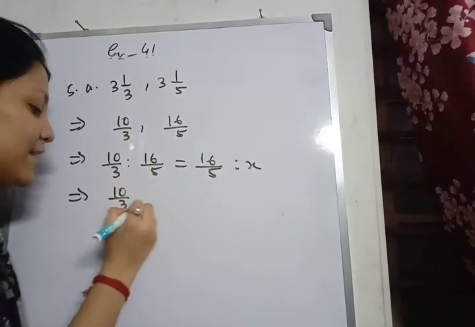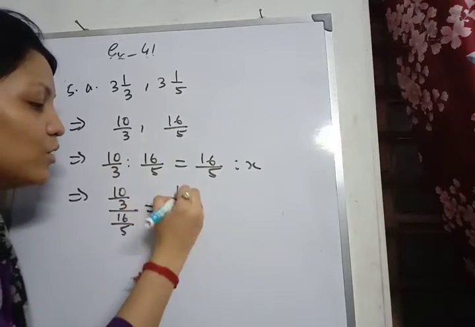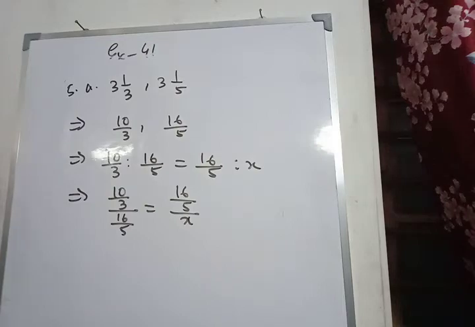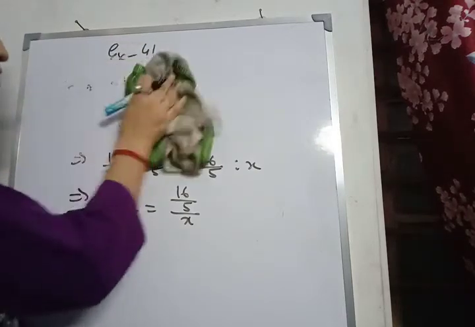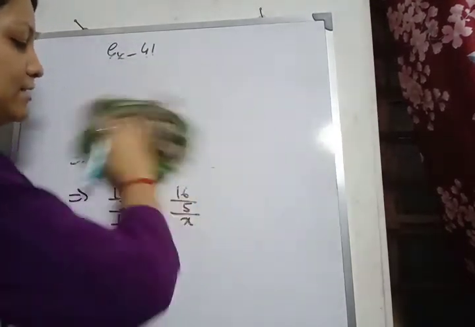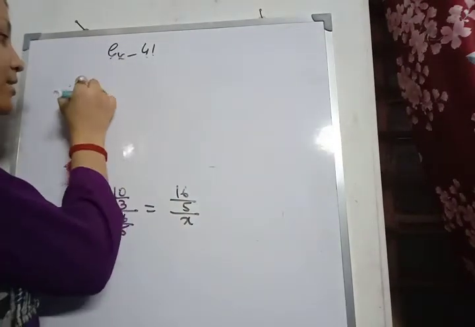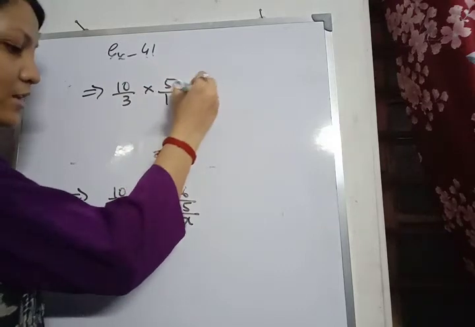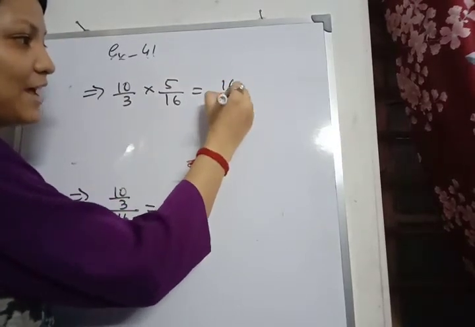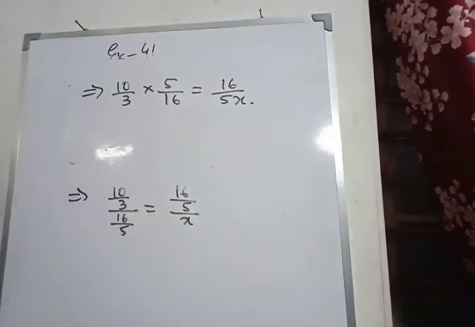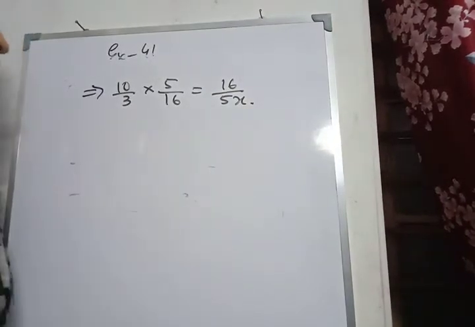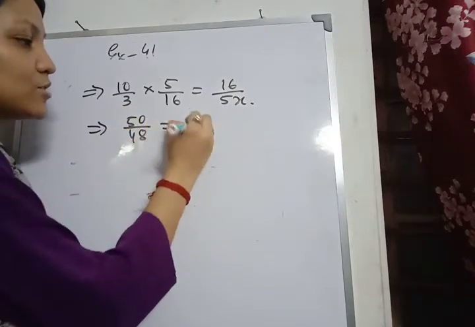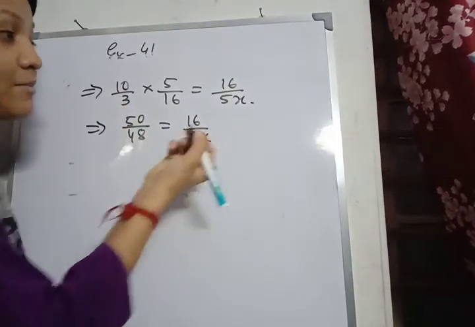10 by 3 divided by 16 by 5 equals 16 by 5 divided by x. Next step, I am going to change the division form to multiplication form. Then what do I get? 10 by 3 into 5 by 16 equals 16 by 5x. So left hand side, what do we get? 50 divided by 48 equals 16 by 5x.